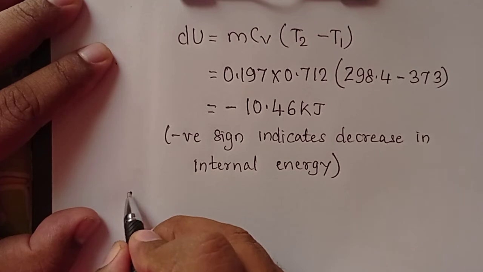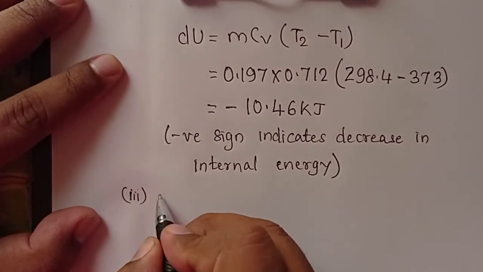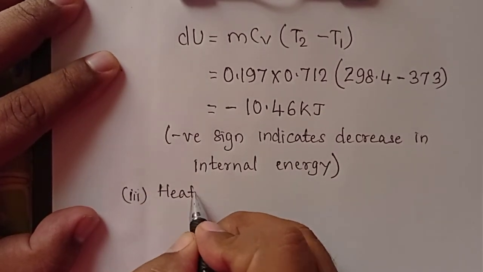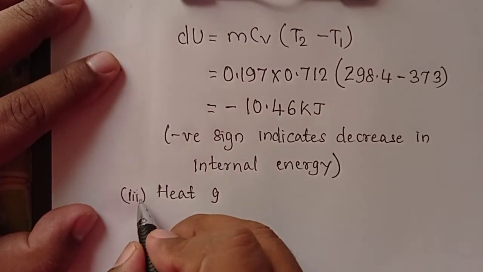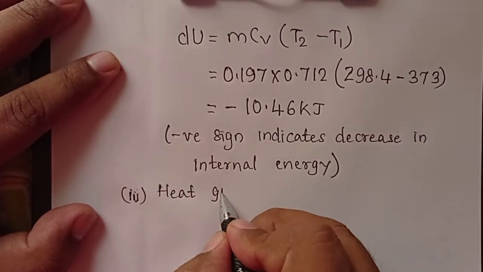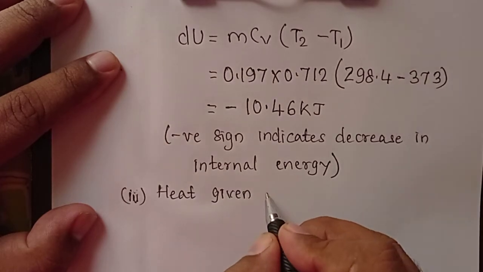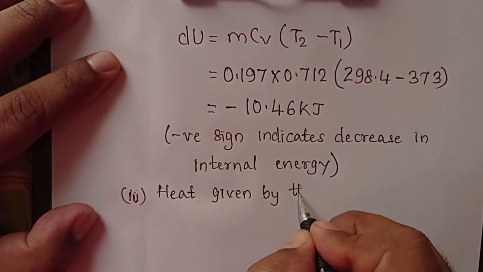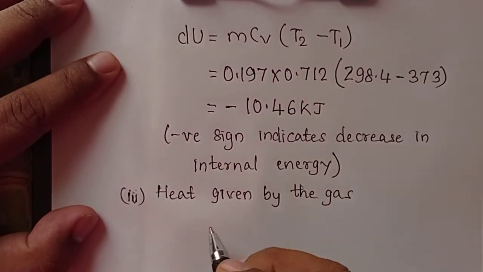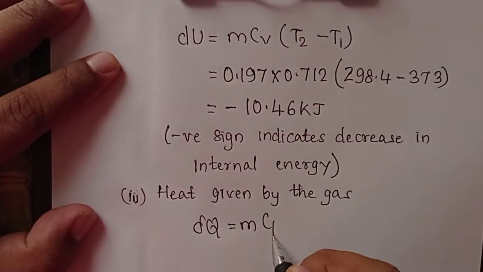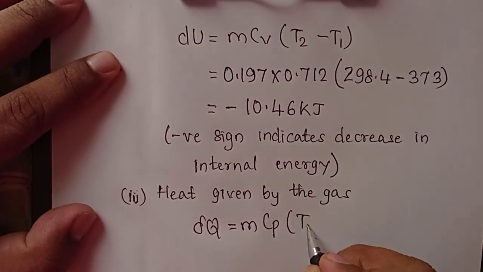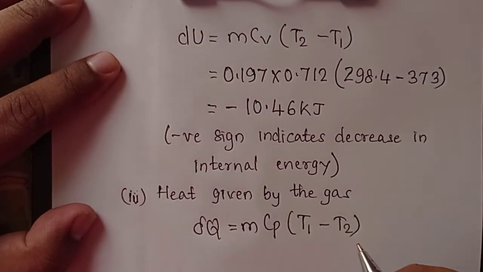Then heat given out, that is the fourth thing that is asked in the problem. Heat given out by the gas is again dQ is equal to M CP, I will write it as (T1 minus T2) again.